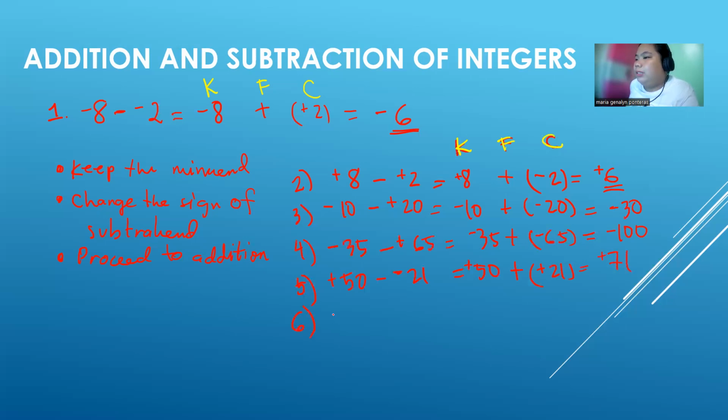Number 6, negative 205 minus positive 308. So keep the minuend, flip the operation, and change the sign of the subtrahend. So that is now negative 513.